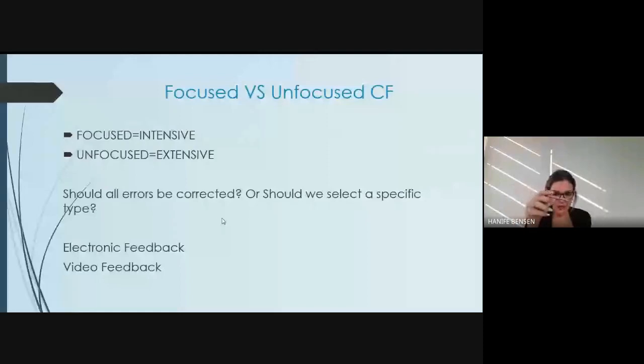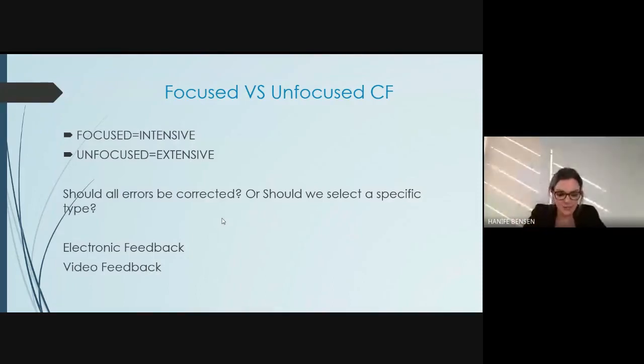This is whether the teacher attends to and corrects specific types of errors. So if we select specific types of errors to correct, we call this focused. And if we want to cover all of the errors, then we call this unfocused. So unfocused is more extensive.